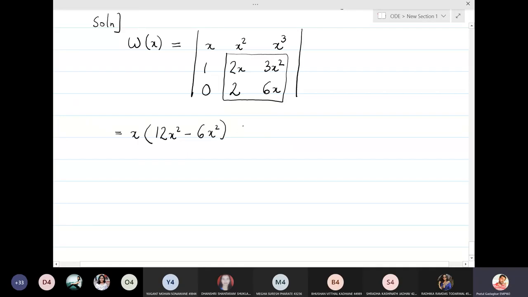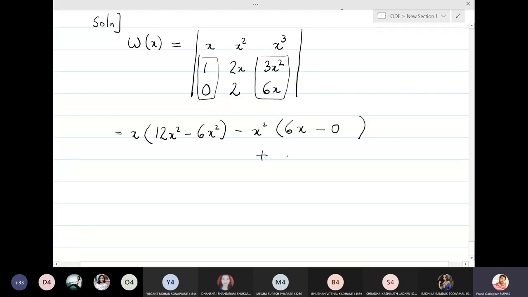Okay, then minus x square into the determinant of this thing, which is 6x, minus 0, plus x cube into the determinant of this particular block, which is just 2, right?